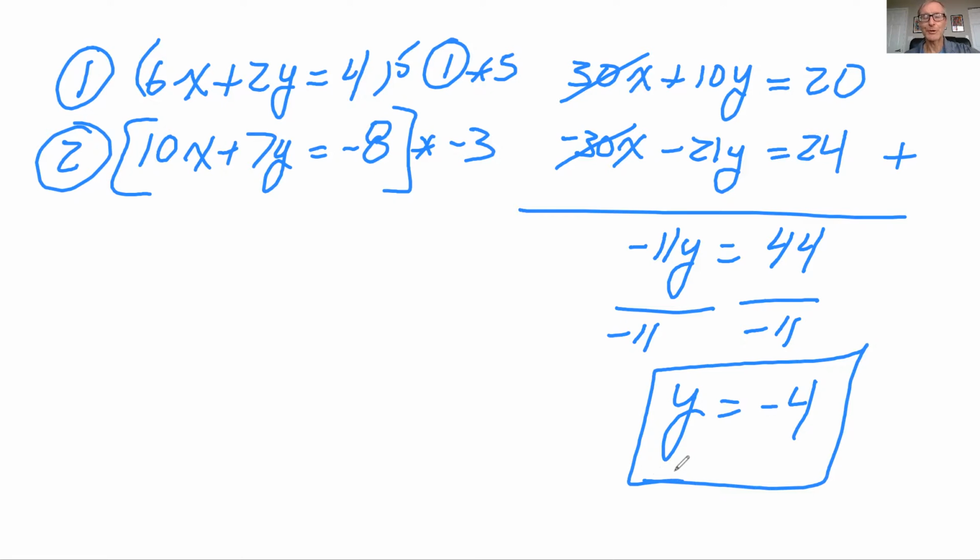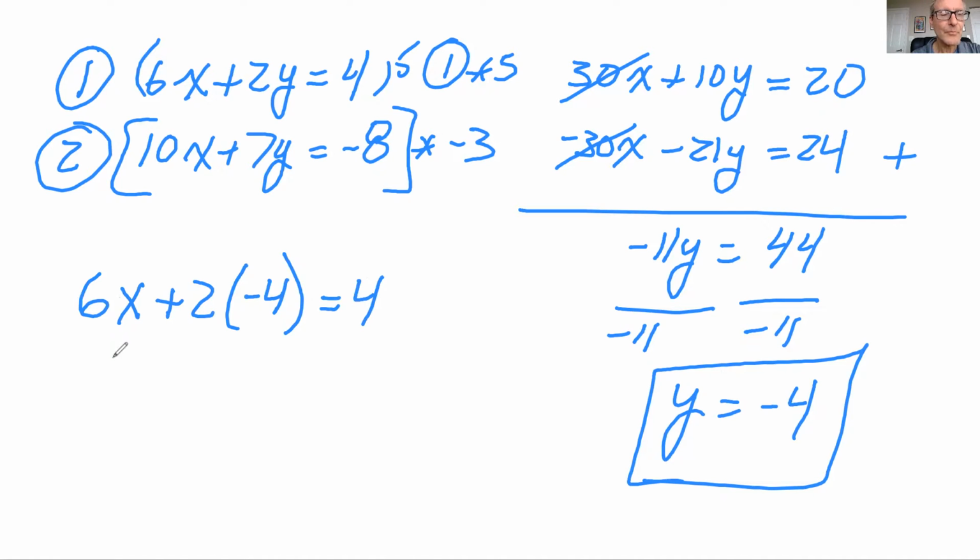I'm going to pick the first one just because the numbers are a little smaller. So this would be 6x plus 2 times y, which is -4, equals 4. So that would be 6x minus 8 equals 4. You bring the -8 over, and you get 6x equals 12.